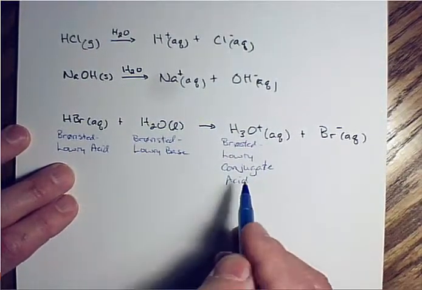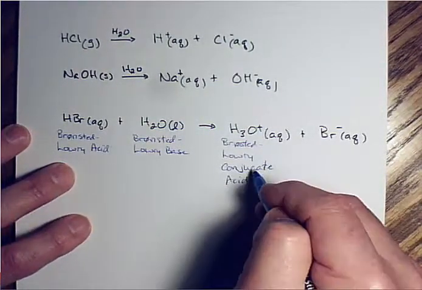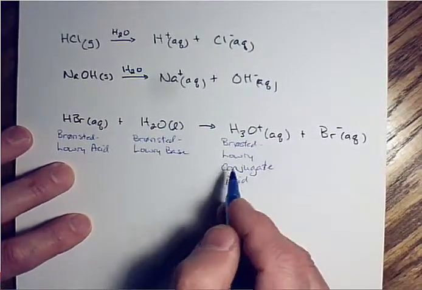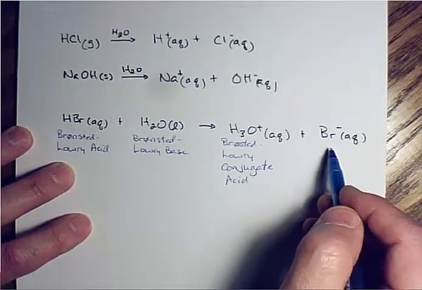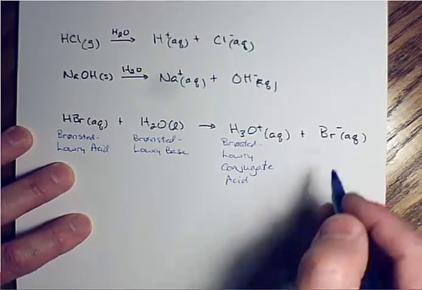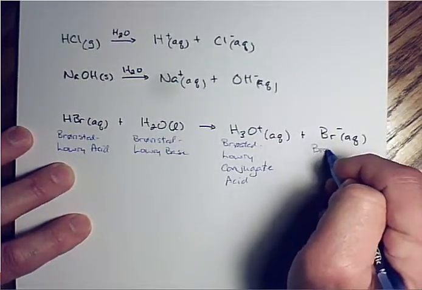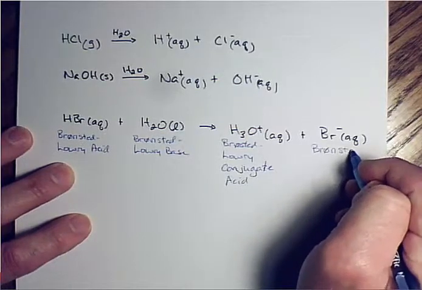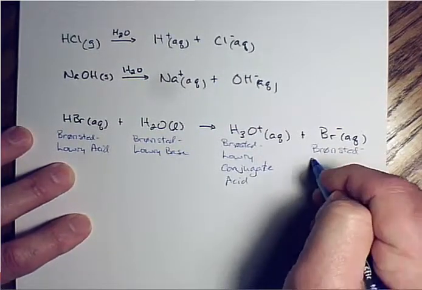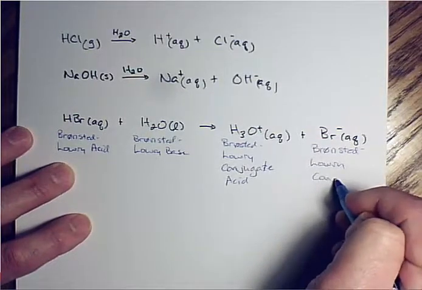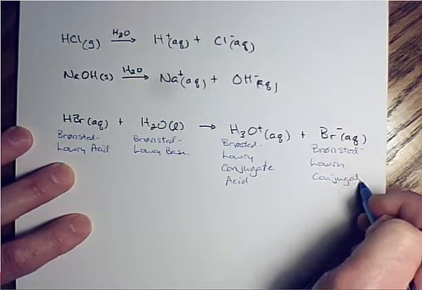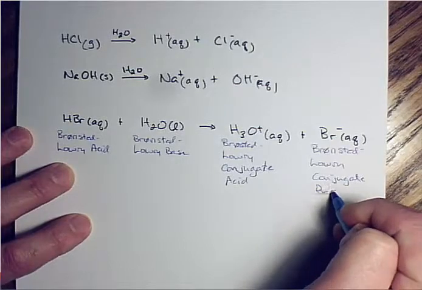So Bronsted-Lowry conjugate acid, even though my writing isn't too great there. Bronsted-Lowry conjugate acid. This then, since it will accept a hydrogen ion, is a Bronsted-Lowry conjugate base.